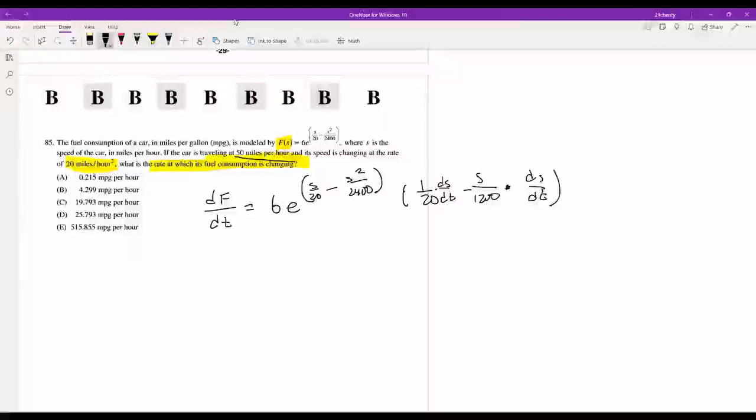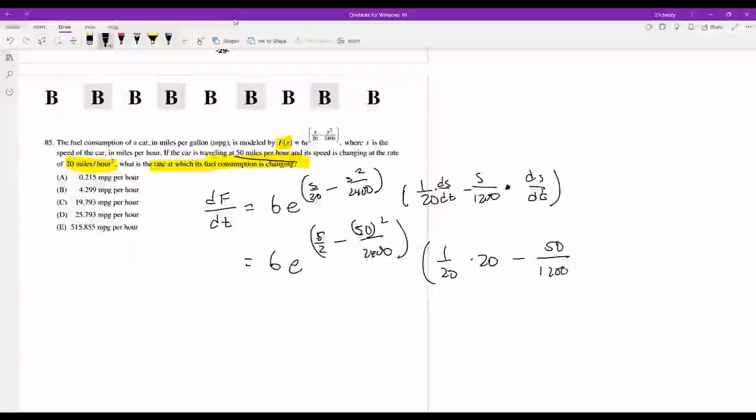So plugging all those in, we get 6e to the 50 over 20, or 5 over 2, minus 50 squared over 2400, times 1/20th, times 20 minus 50 over 1200, like so. And so what this equals is 4.299, or B.